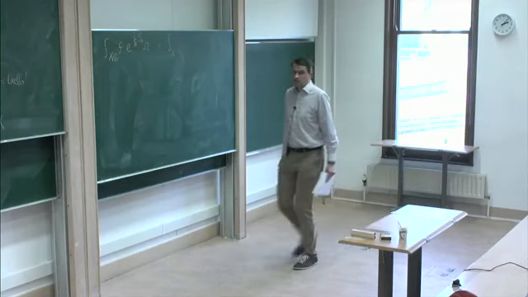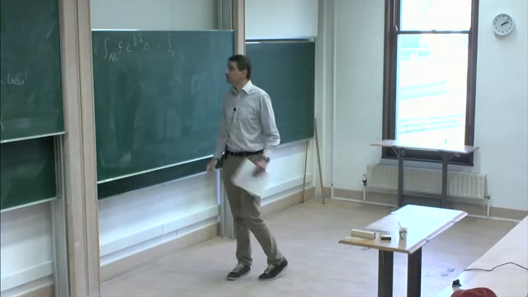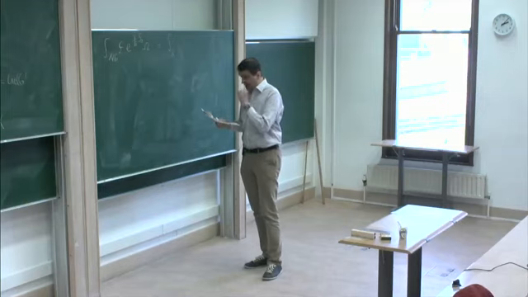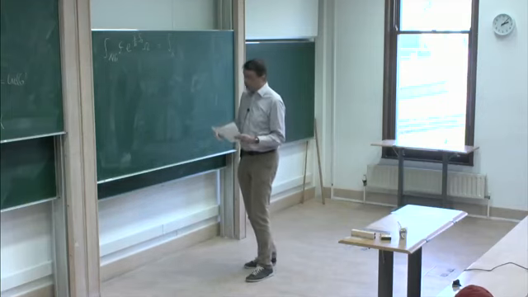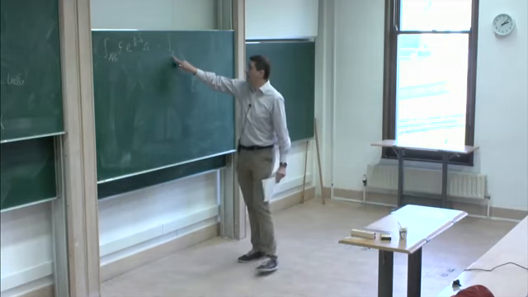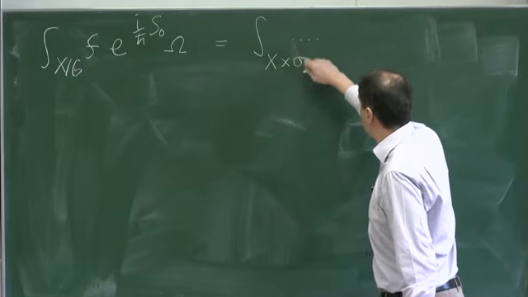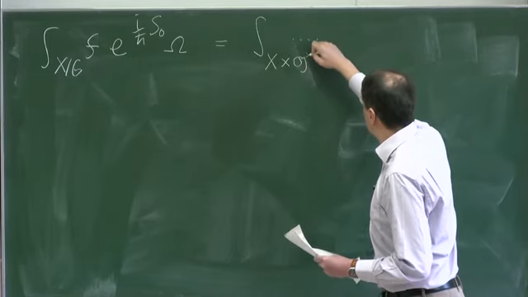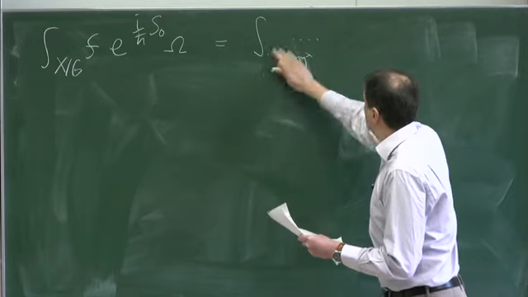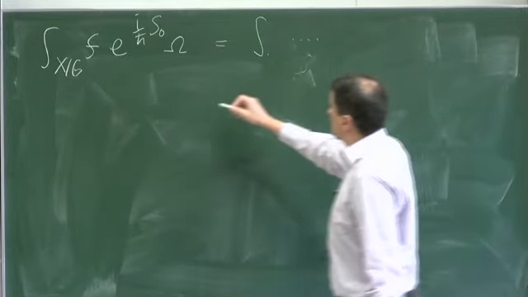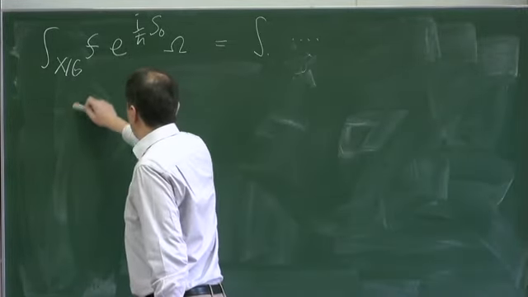The kind of formula they propose, which I try to explain in classical terms, will be like this. First of all, you will not integrate over X, but over some bigger space. Maybe there are two versions of this formula. Let's consider the very simplest one.